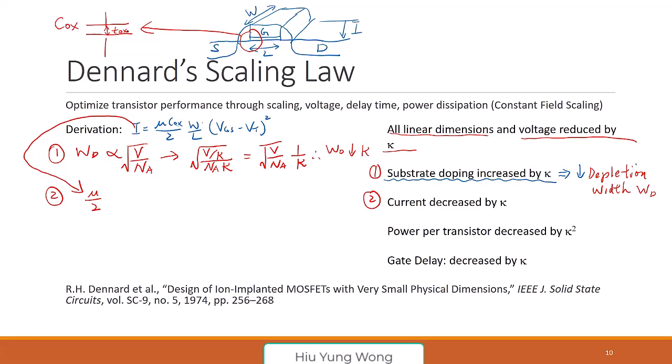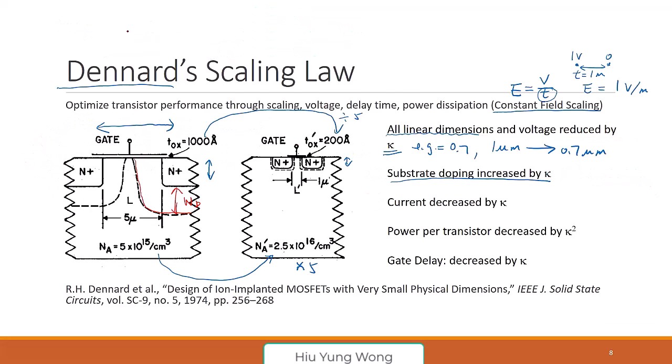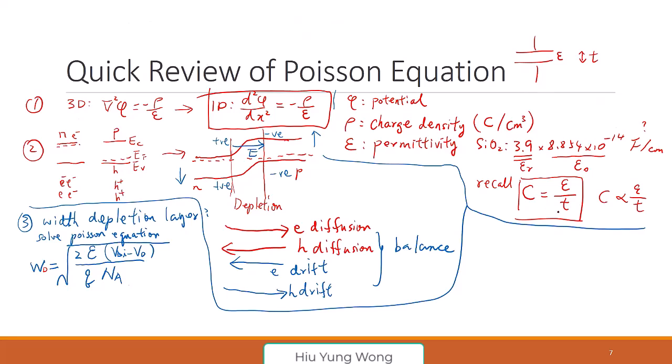So when we try to make all linear dimensions smaller, what happened to the capacitance? Does it increase or decrease? First, does T-ox increase or decrease based on Dennard scaling? Let's look at the equation again. First of all, of course, the T is going to decrease, because we try to make the linear dimension smaller. And how about the capacitance? Is it going to be larger or smaller?